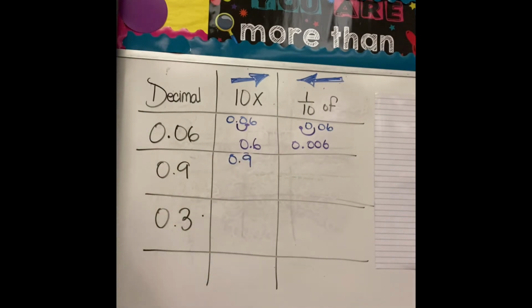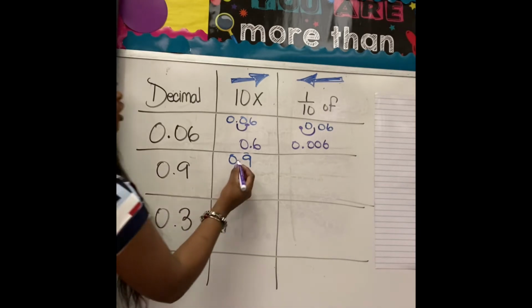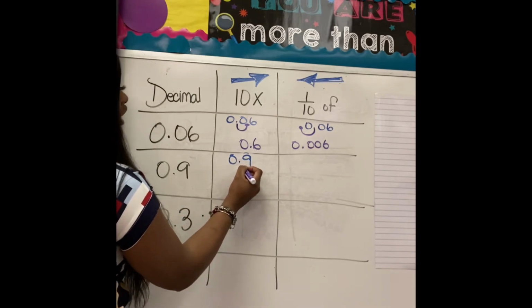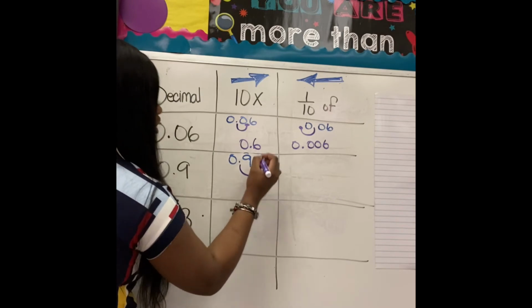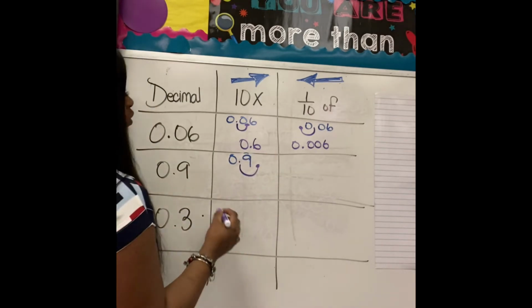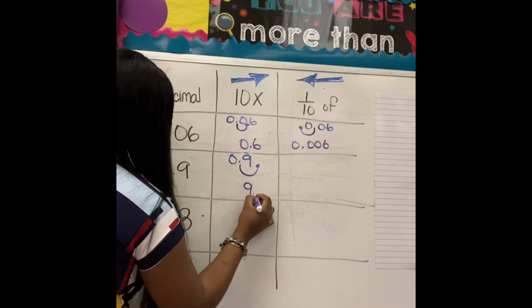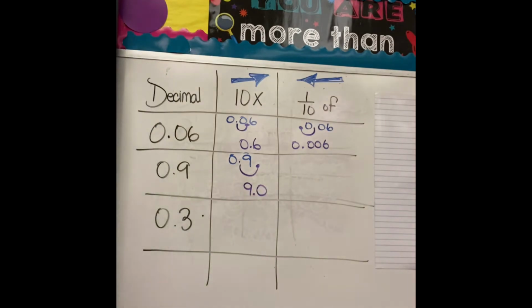And now I need to move it only one place value to the right because it only says 10 times greater. So I go ahead and move my friend to the right here. So now my new decimal is going to be a whole number, which is 9.